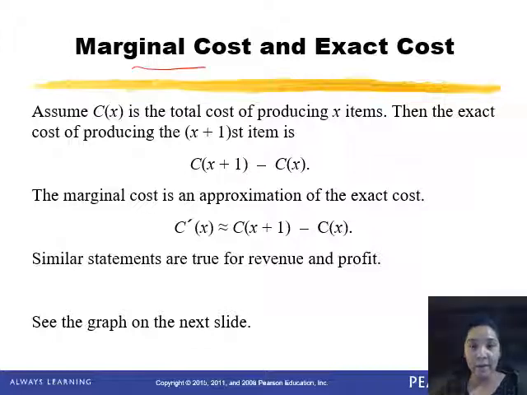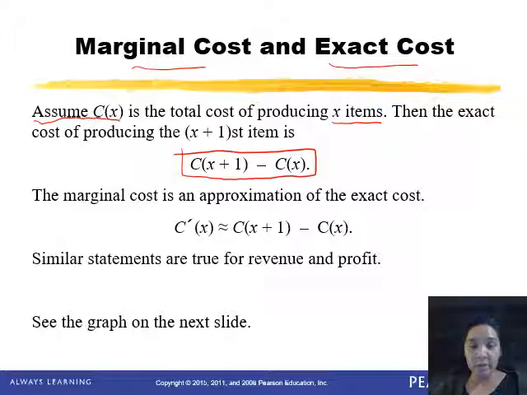So it's still, again, a lot of definitions that we're looking at here. We're going to assume that the cost is the total cost of producing the X number of items. Then the exact cost is equal to the cost of producing X plus the first item minus the total cost of producing X, right here.